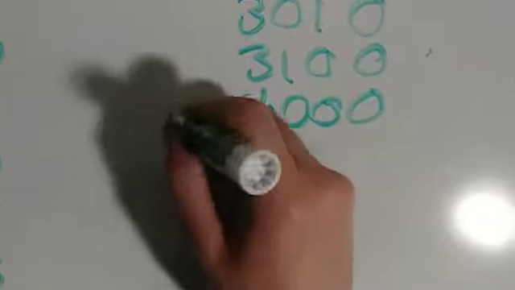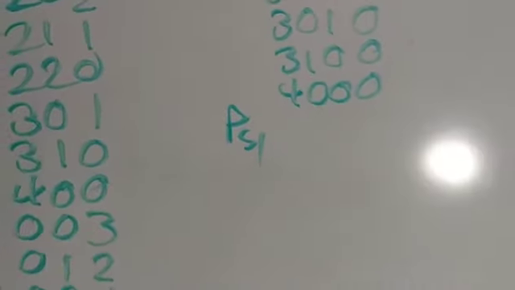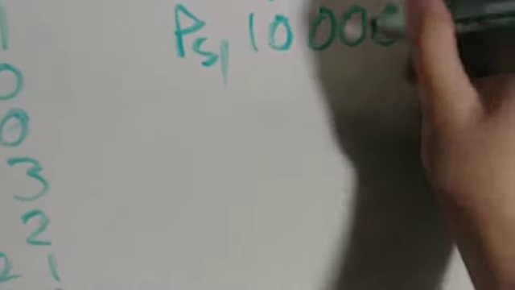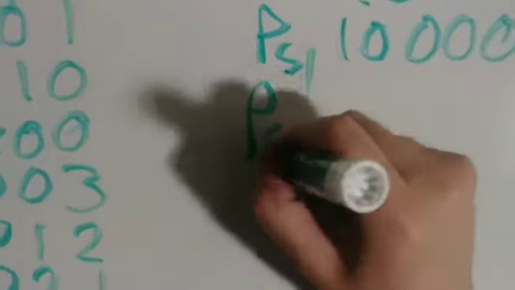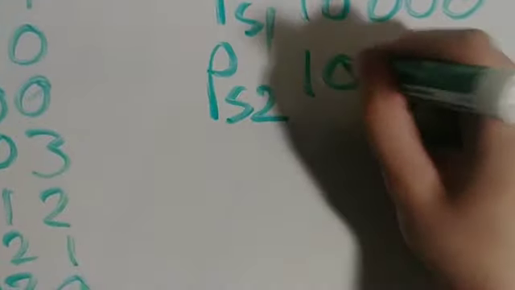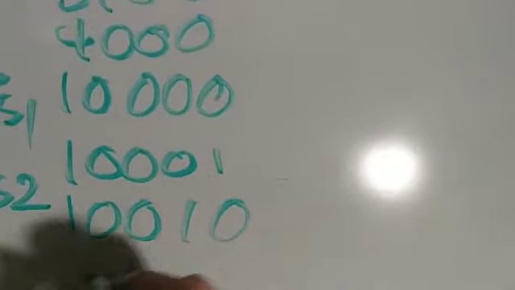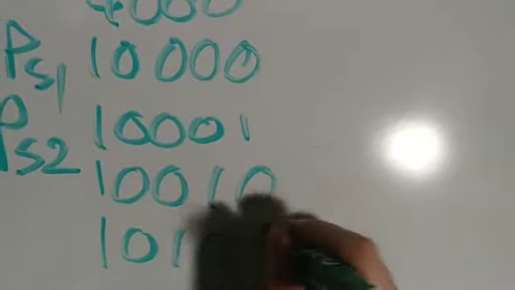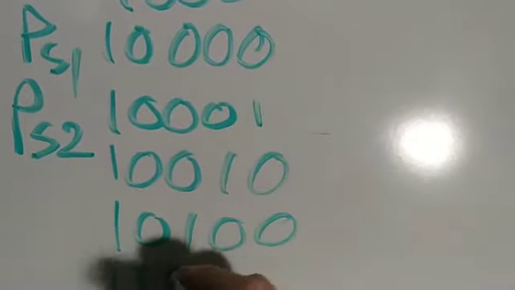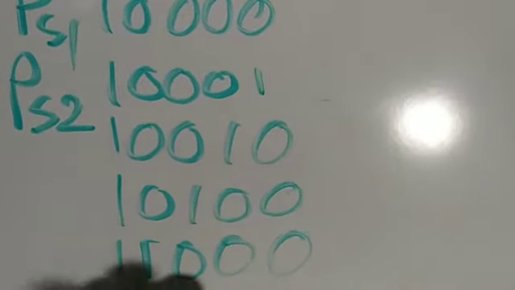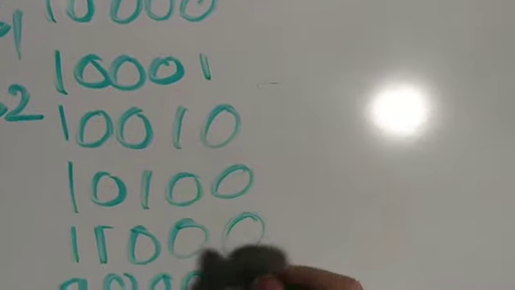We're going to move on to P51, which is 10000. P52, 10001, 10010, 10100, 1000, 2000.